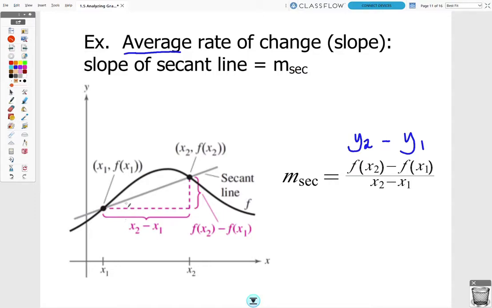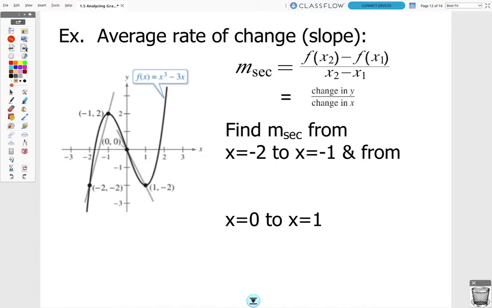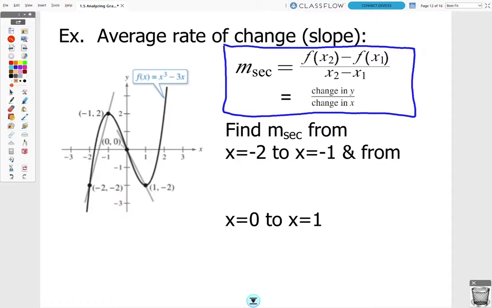Same slope equation, it's just that now it's not a linear equation. So again, it is simply the average rate of change, or the slope of a secant line, of a non-linear equation. It's the same exact thing: the change in y divided by the change in x. It's just that it no longer has to be a linear equation.